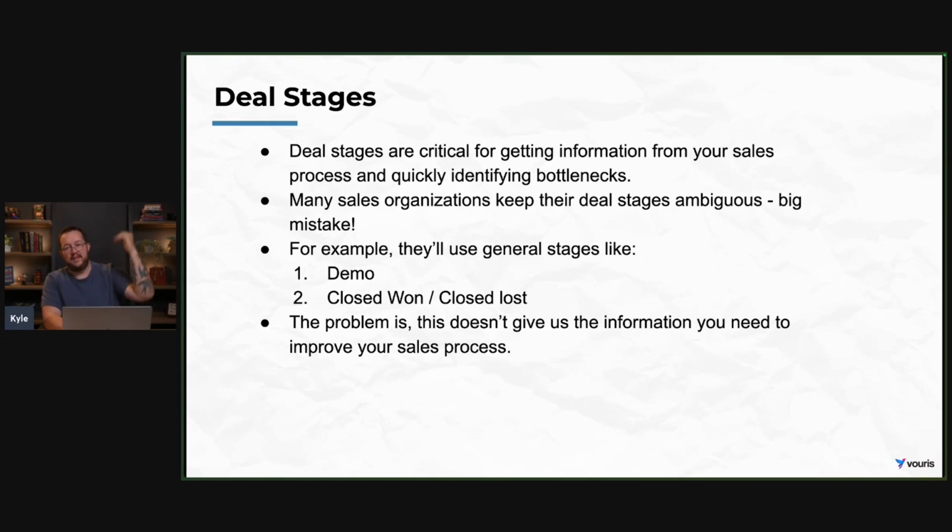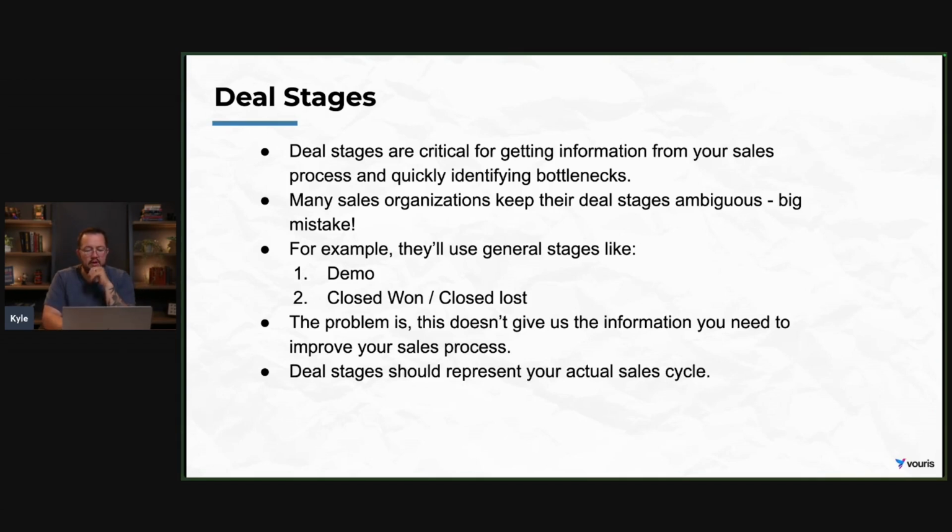Let's say you have the demo stage, and there are 3 meetings you normally do in order to close a deal. There's a demo itself, and then usually a follow-up call, maybe a second demo with some other stakeholders, and then a proposal review call where you ask for the business. If you just go demo to close won, close lost, you have no idea which one of those is broken. That's what I really want you to take away here.